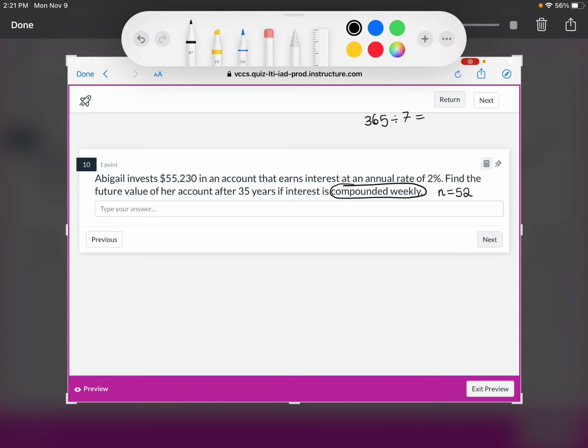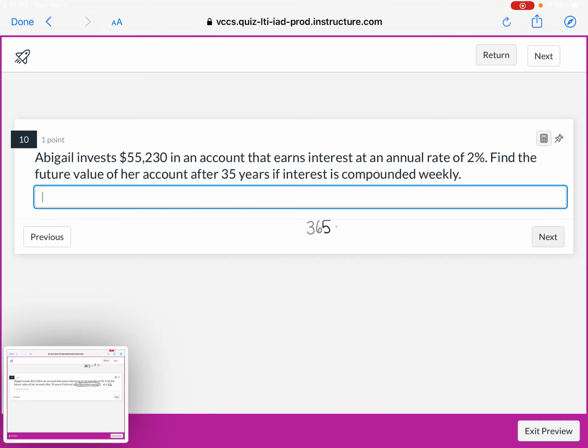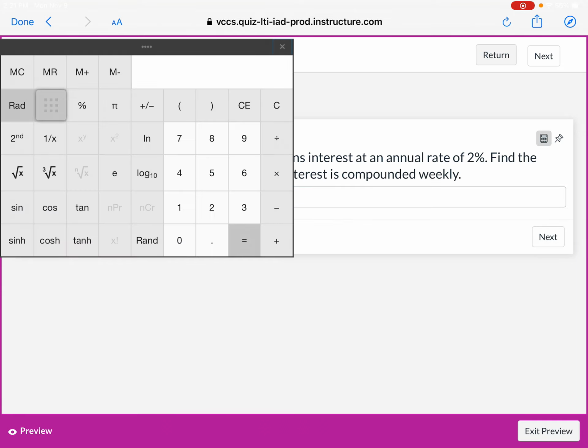So if you do 365 divided by 7, I wonder if I can write on this, guys. 365 divided by 7. It looks like I can write on this, but it goes away. 365 divided by 7, you get 52-ish.